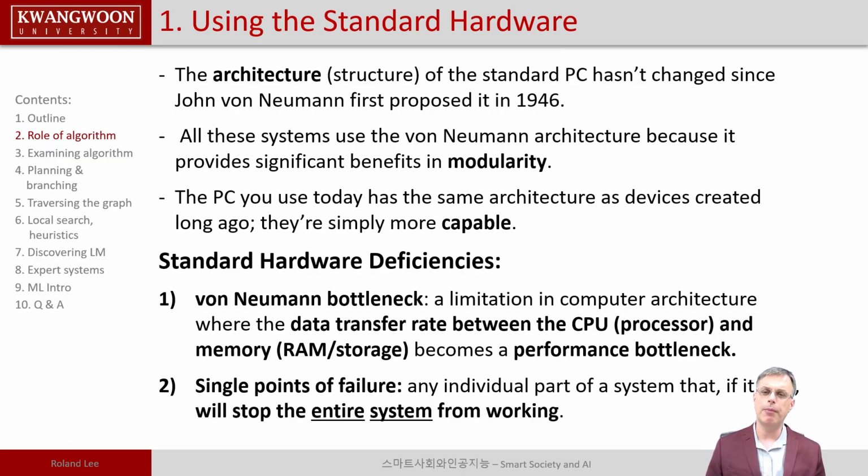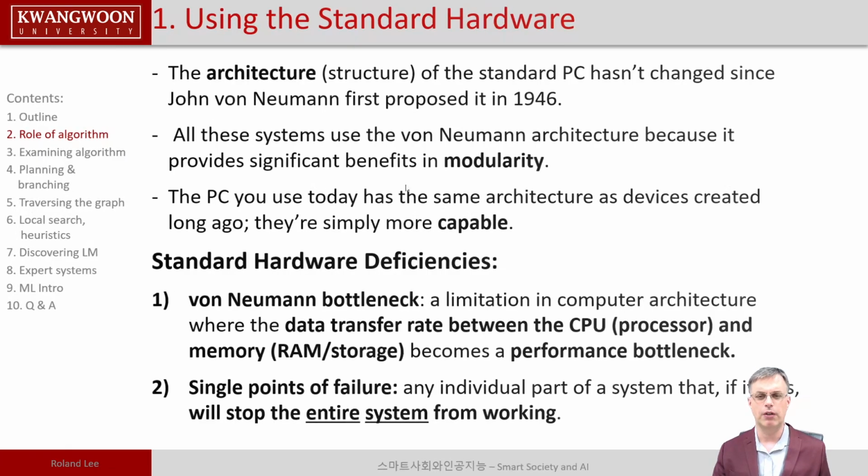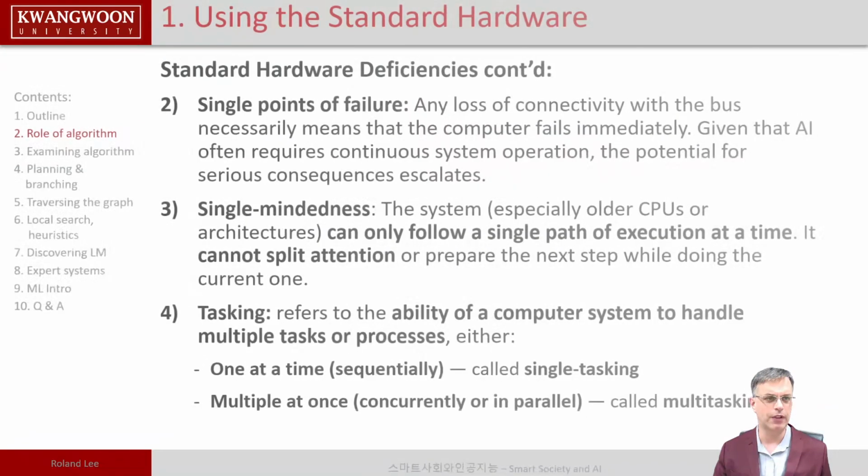The same problem occurs with the loss of other system components. Rather than reduce the functionality, the entire system fails. Given that AI often requires continuous system operation, the potential for serious consequences escalates with the manner in which an application relies on the hardware.